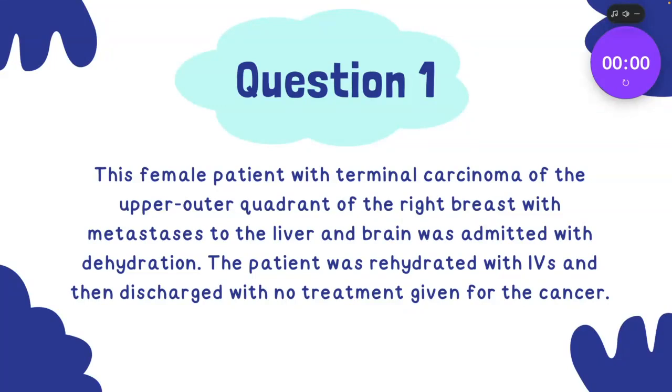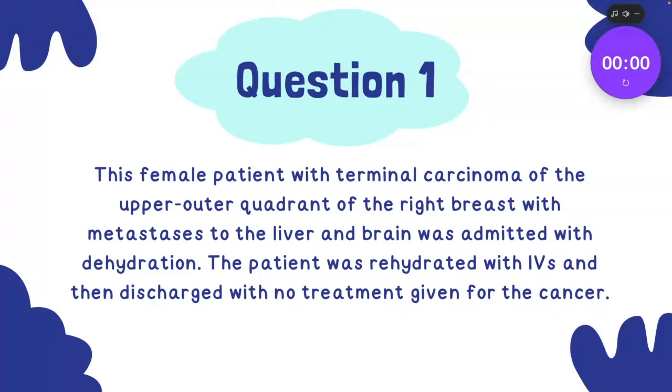There's a guideline that says when the patient is admitted for management of dehydration due to the malignancy, and if only the dehydration is being treated, the dehydration is going to go first, followed by a code for the malignancy.